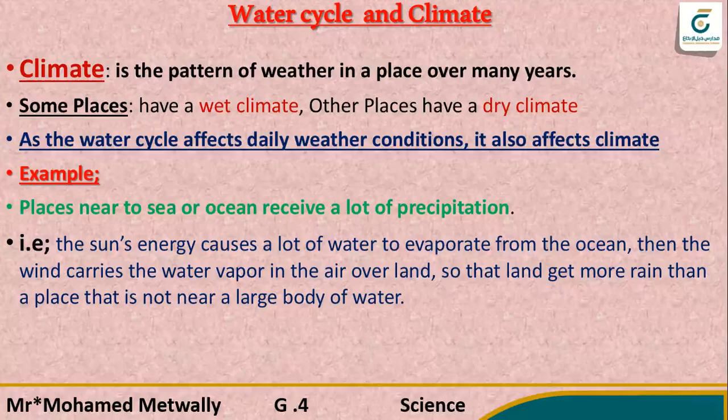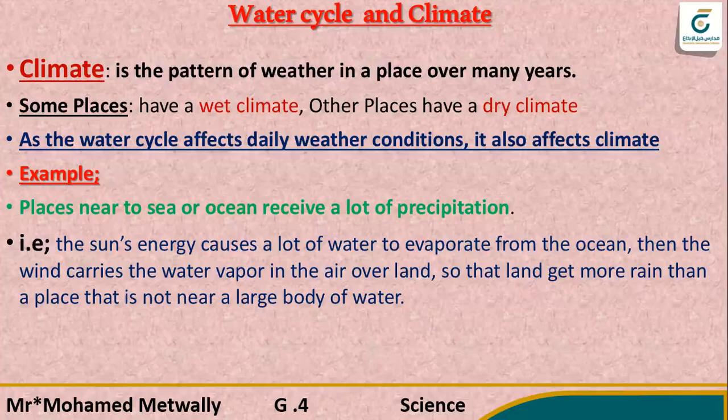For example, when you go to Jeddah, you know before you go that Jeddah has moist weather because of the presence of the sea, which gives us more vapor in the air. This vapor will be in the form of moisture. So the climate represents the status of the city or the country for many years.